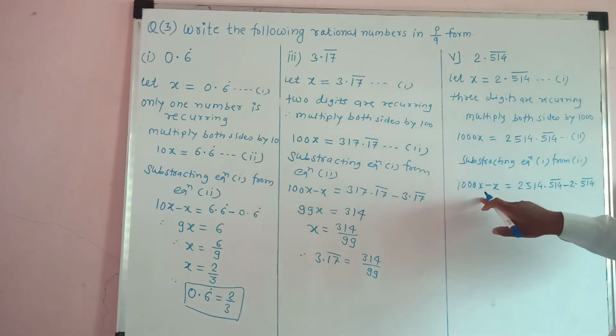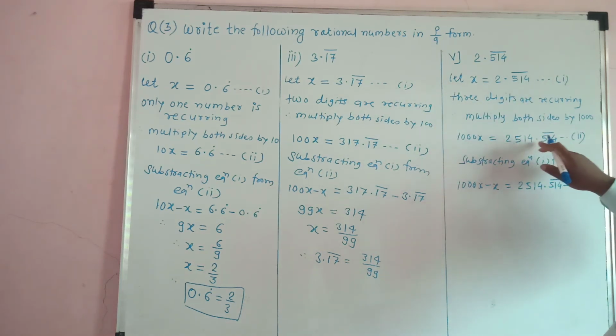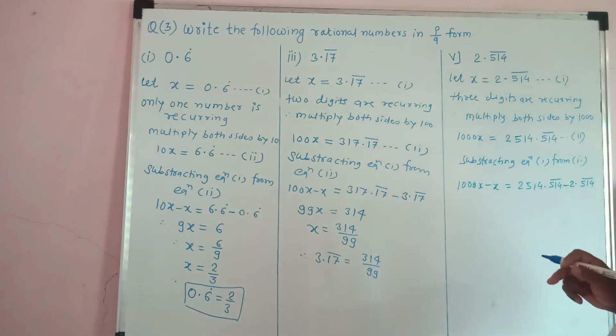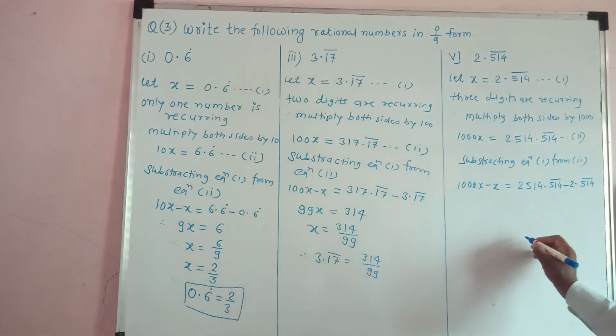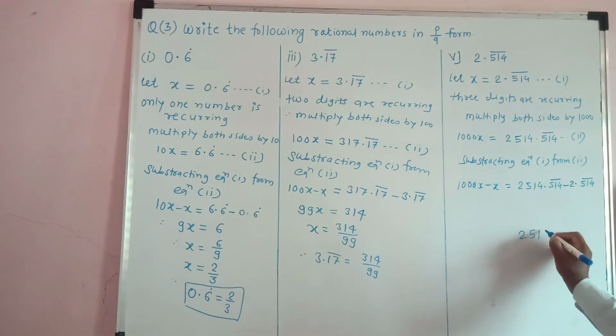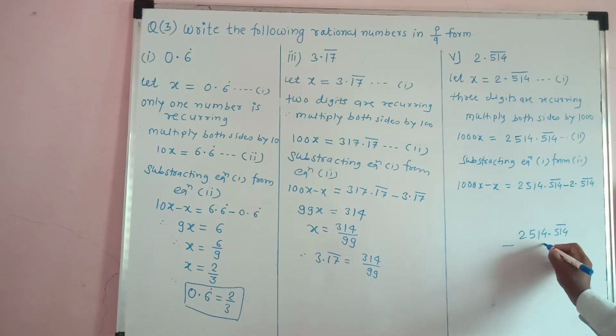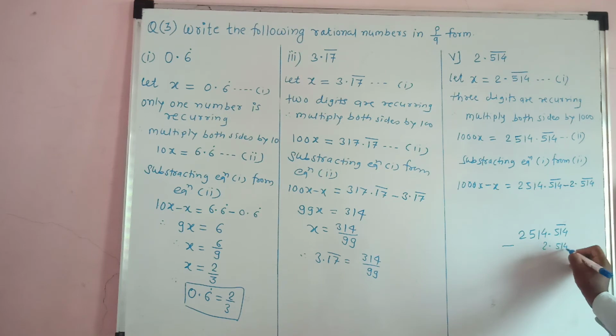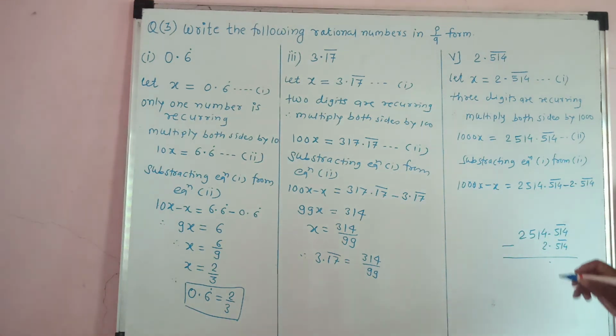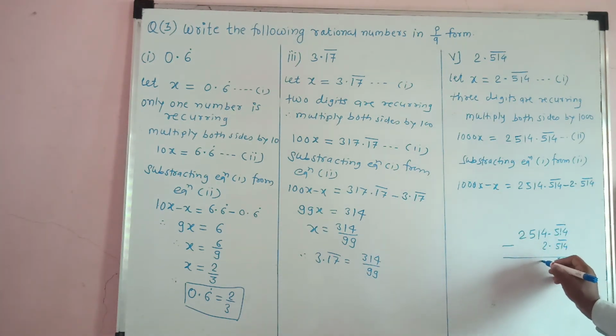Here 514 bar and 514 bar will get cancelled. 2514 minus 2 is 2512.